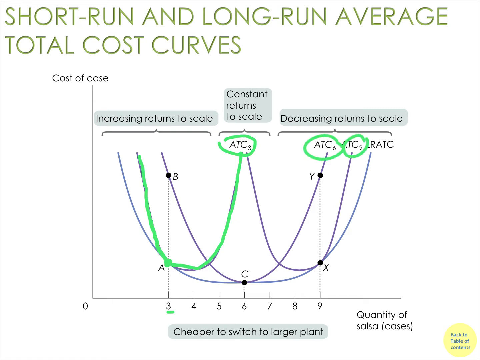But if we stay with this plant size of 3, what's going to start happening is we run out of room, and we all know what happens as we run out of room in our little crowded coffee shop, that the law of diminishing marginal product begins to happen. Your variable input, probably workers, gets crowded, starts reducing productivity because there's just a limited amount of space.